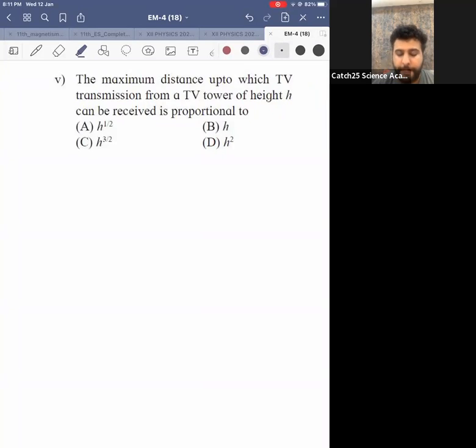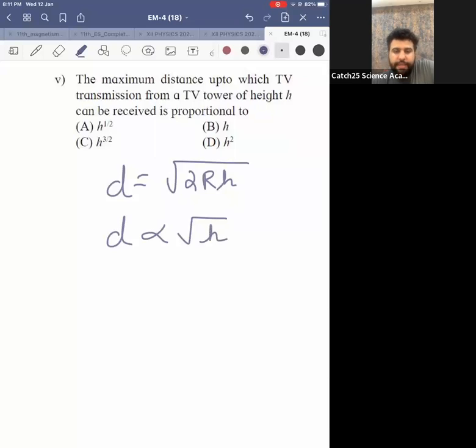So listen, now I know the formula for distance is square root of 2RH, correct? Therefore, can I say distance is directly proportional to square root of height? Or can I say distance is directly proportional to h power half, because square root can be written as power half.